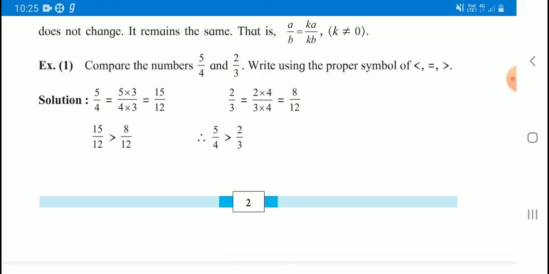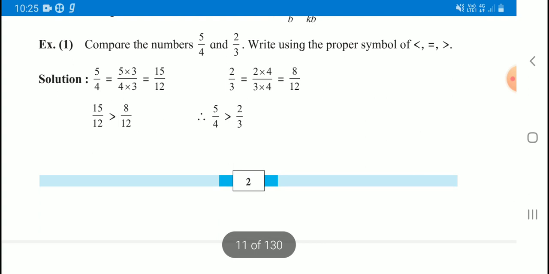Comparison means one number is greater and the other one is smaller, otherwise both the numbers are equal. Now compare the numbers 5 upon 4 and 2 upon 3. While comparing the numbers, in the previous year you have studied how to compare rational numbers, and also how to make the denominators equal.